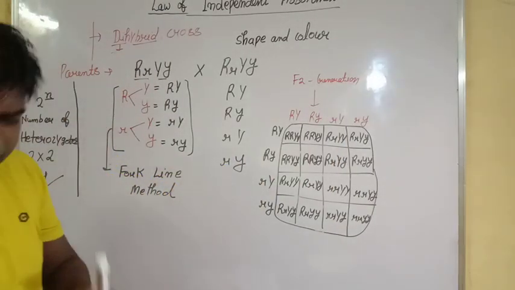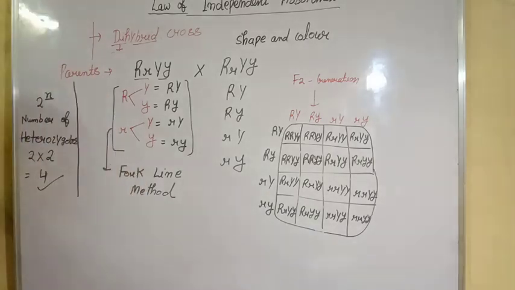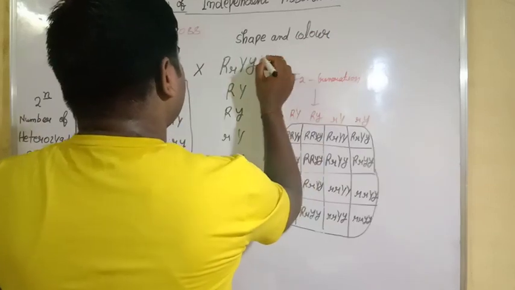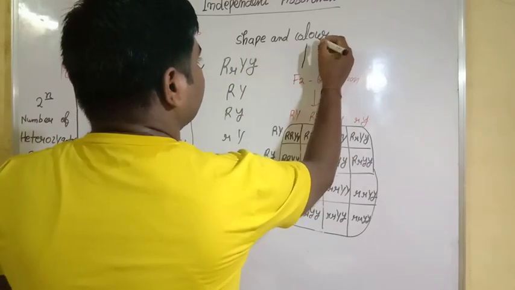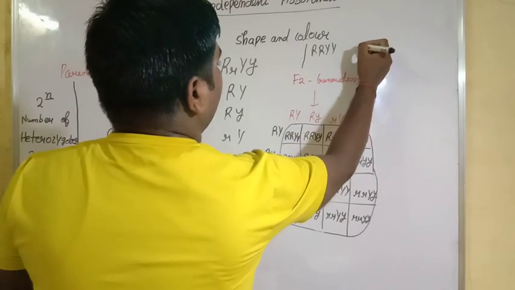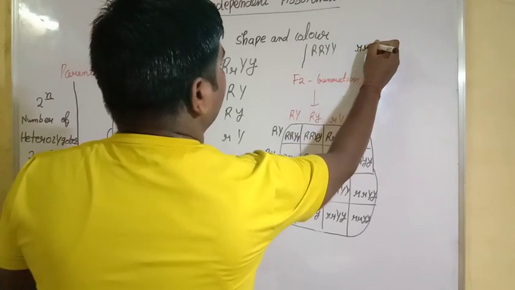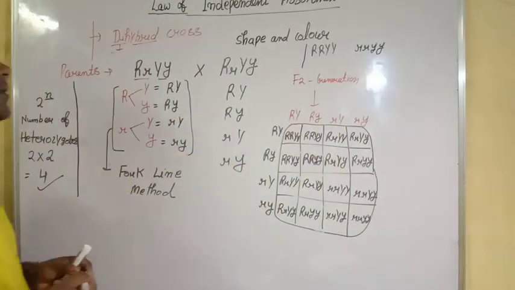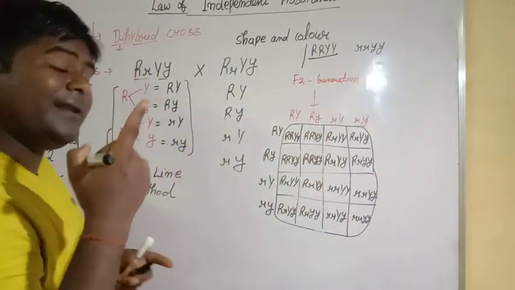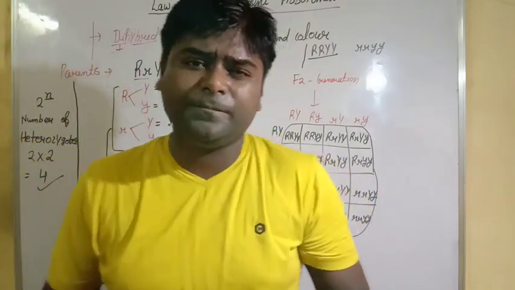Now, when we received the F1 generation, what was the condition? That one is the condition. Remember? That one is the condition, and small r, that one is the condition. Got it? So whenever we have this one, it could be round and yellow.